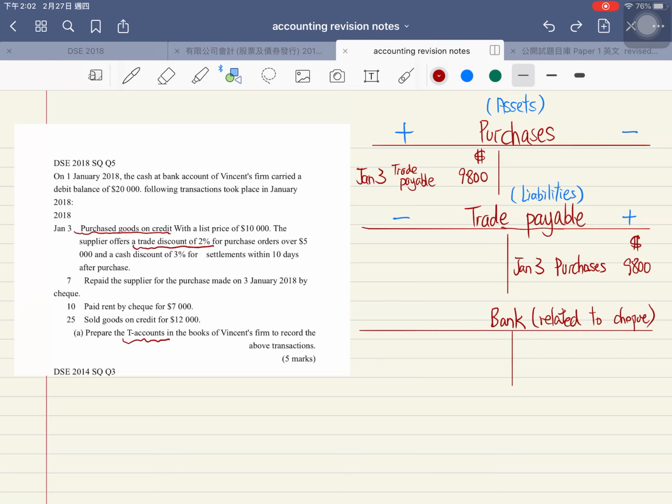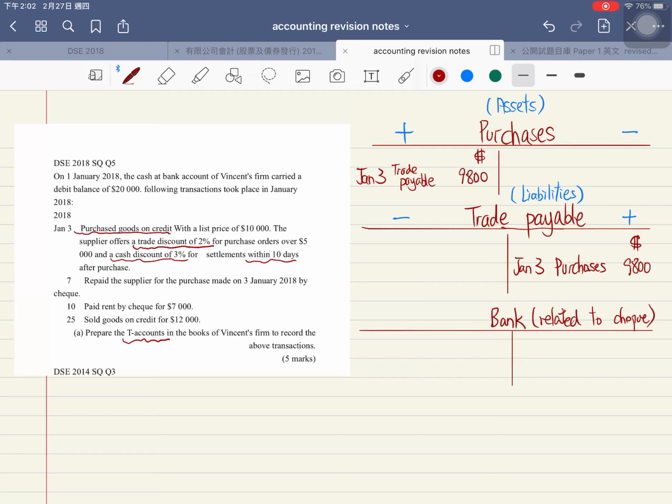So how much do we repay? Because on 3rd of January, if we paid within 10 days after purchase, we can enjoy cash discount of 3%.